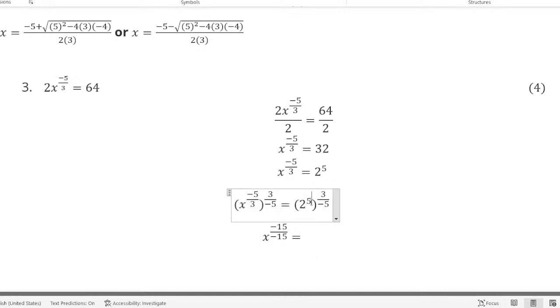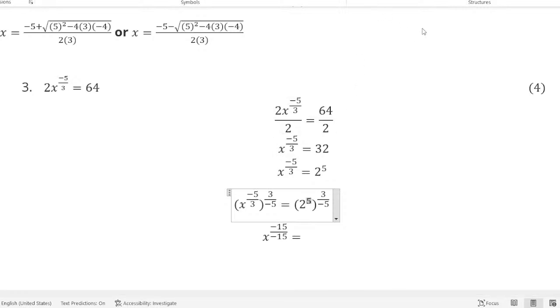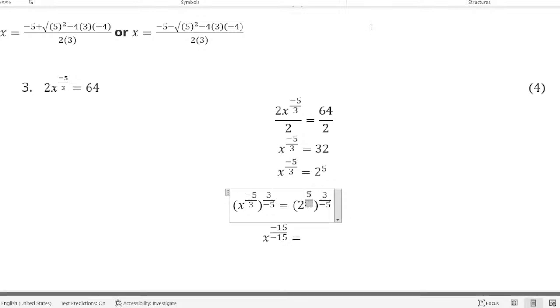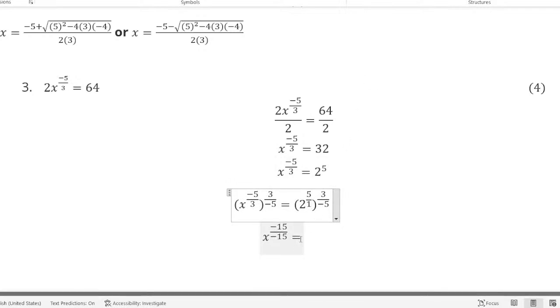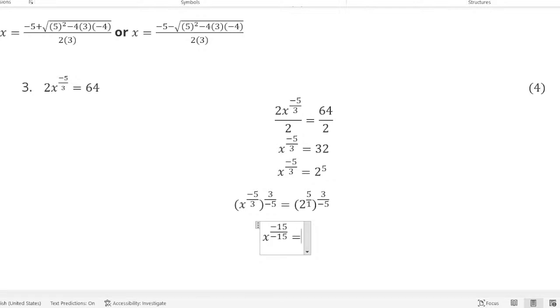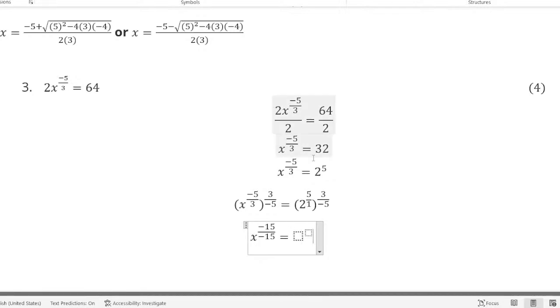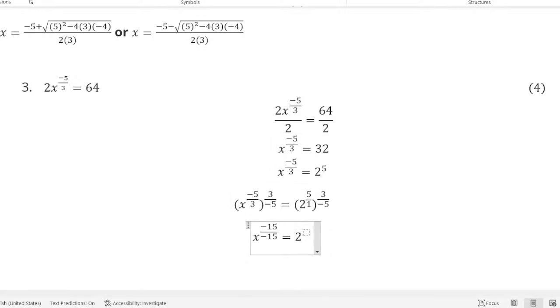Remember any number is over 1. So here let's just change it to 5 over 1, so you understand. Then let's continue. Here we'll have 2, the base 2, remember we're dealing with the exponents at the moment.